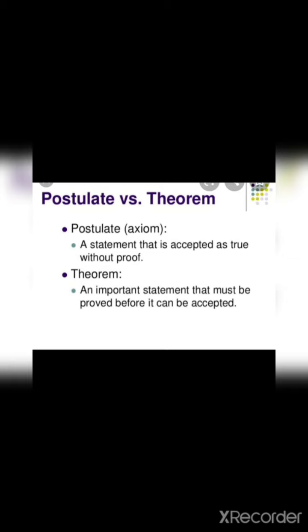Then what is a theorem? An important statement that must be proved before it can be accepted. A theorem is a statement which has proof. That proof has to be done using axioms, definitions, etc. So that is a theorem.